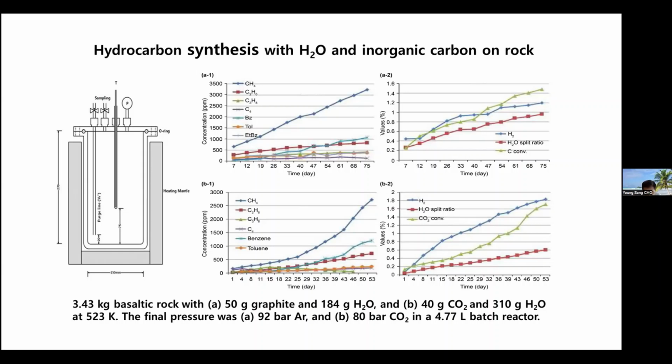Conversion ratios from inorganic carbon to organic carbon were about 1.5% for both cases. As seen in the diagram, major products were hydrogen, methane, and aromatic hydrocarbons.